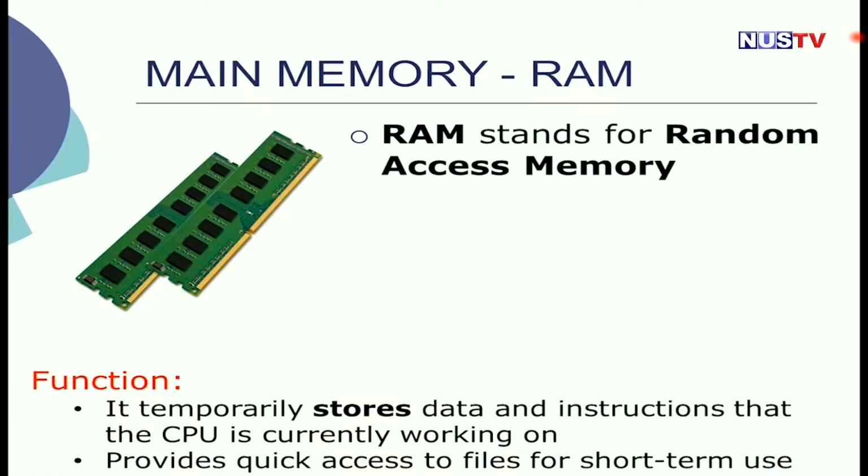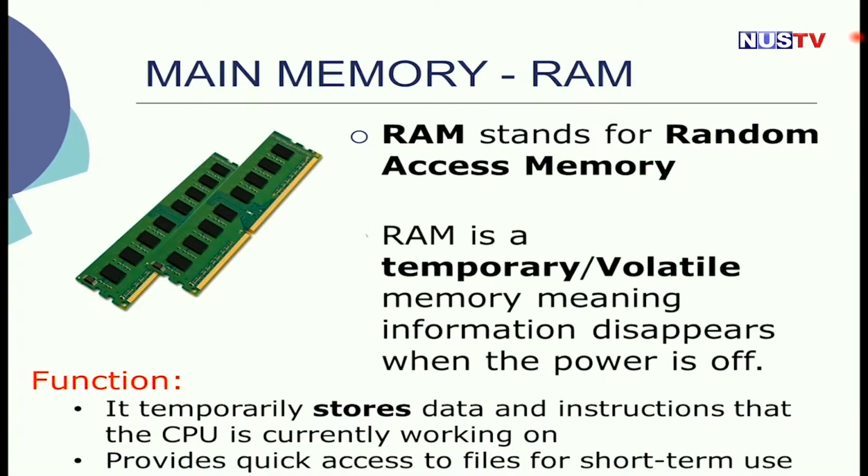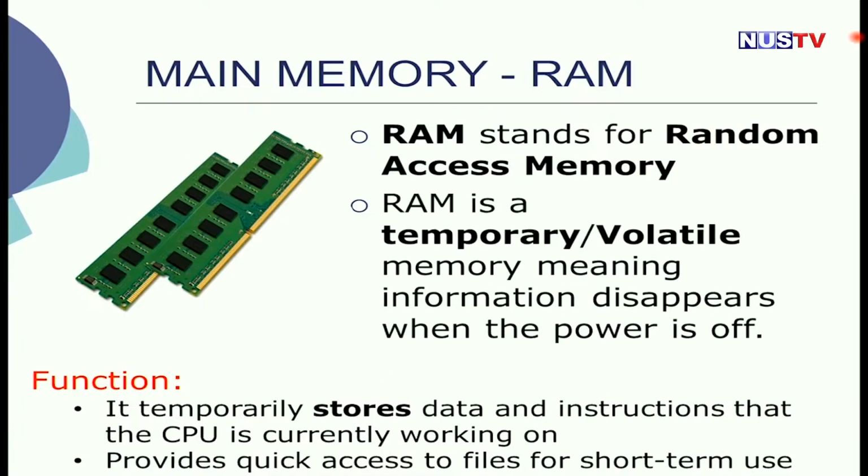Now let's start with RAM. RAM stands for Random Access Memory. And what RAM does is actually temporary. Another word for temporary is volatile. Volatile basically means that the data that is held in RAM disappears when your computer turns off.